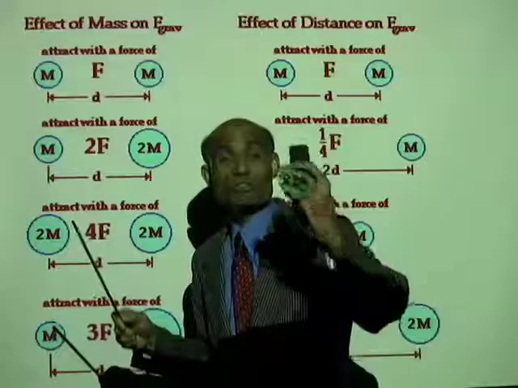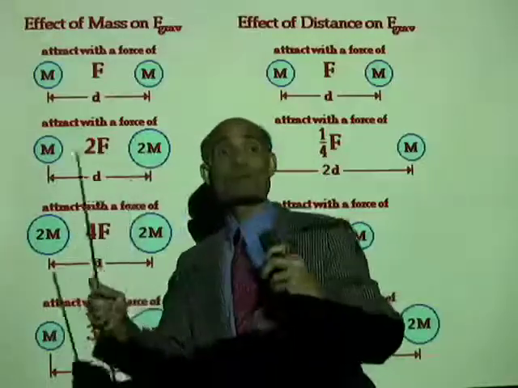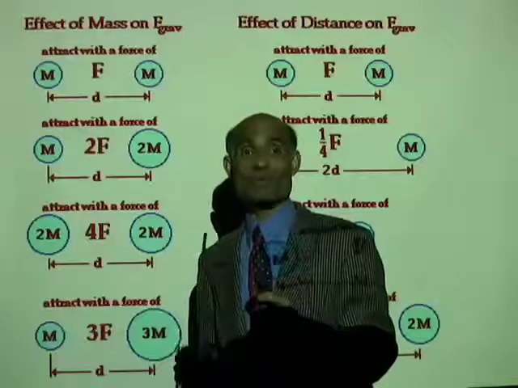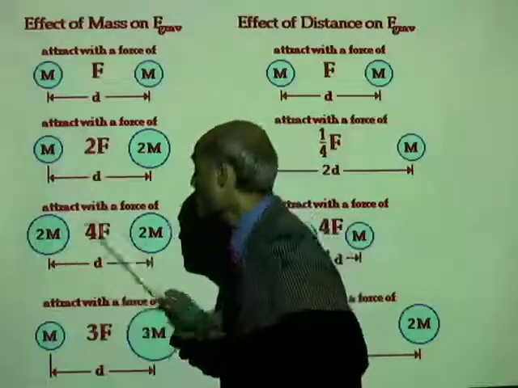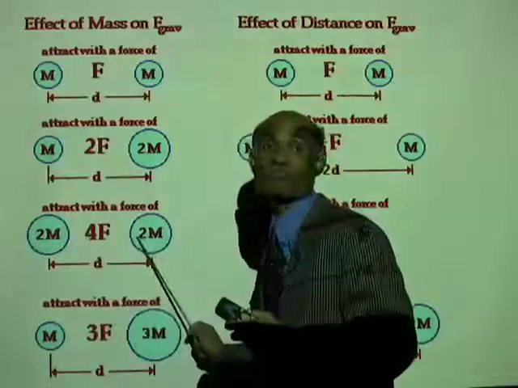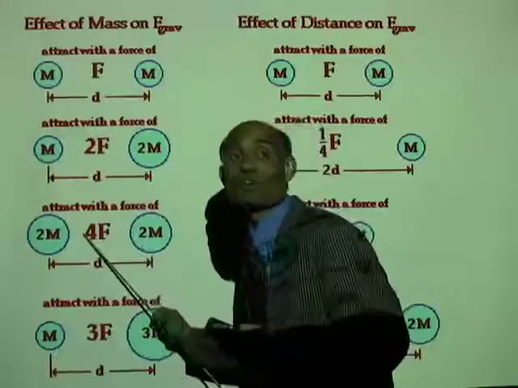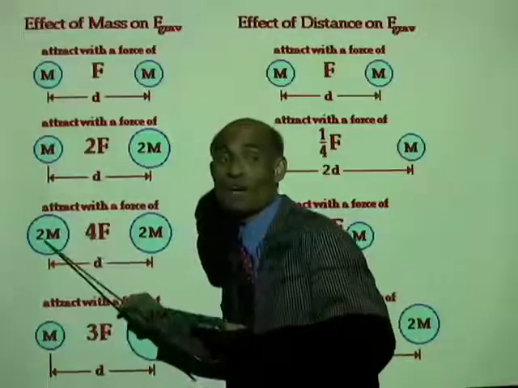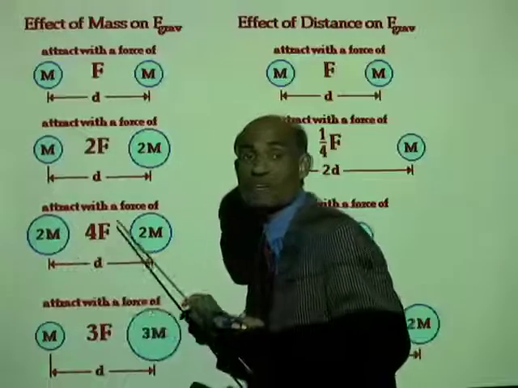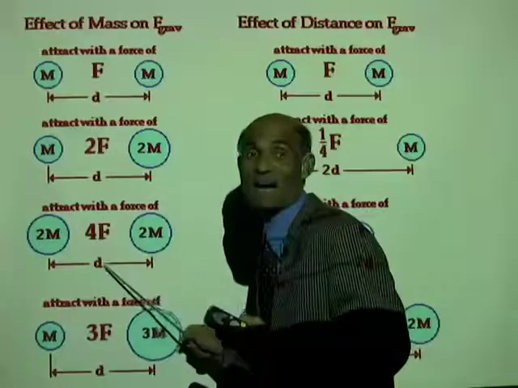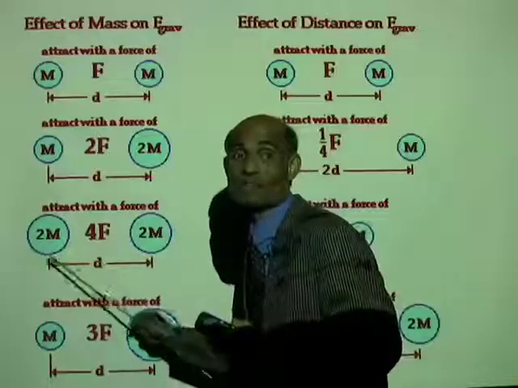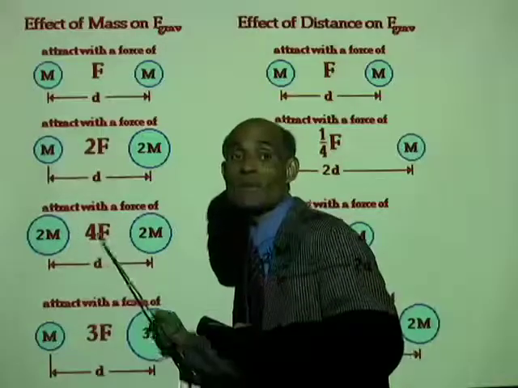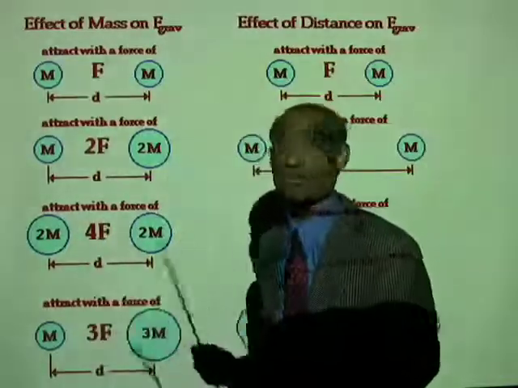Because F equals G m1 m2 over r squared. If you double both the masses, the force will become 4 times. Why? Because it is now 2m times 2m divided by d squared. So the 2 times 2 will make it 4 times the original force.